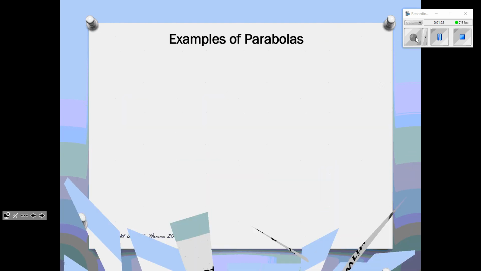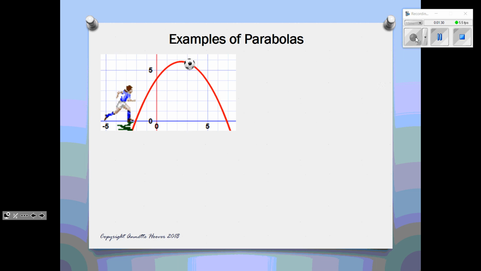Let's look at some parabolas that we have and when we might use them. When you have a ball that is being hit or kicked, like passed, whatever, it's going to leave and go up into the air, and then it's going to come back down. If you were to graph this by time and height, it would graph as the shape of a parabola.